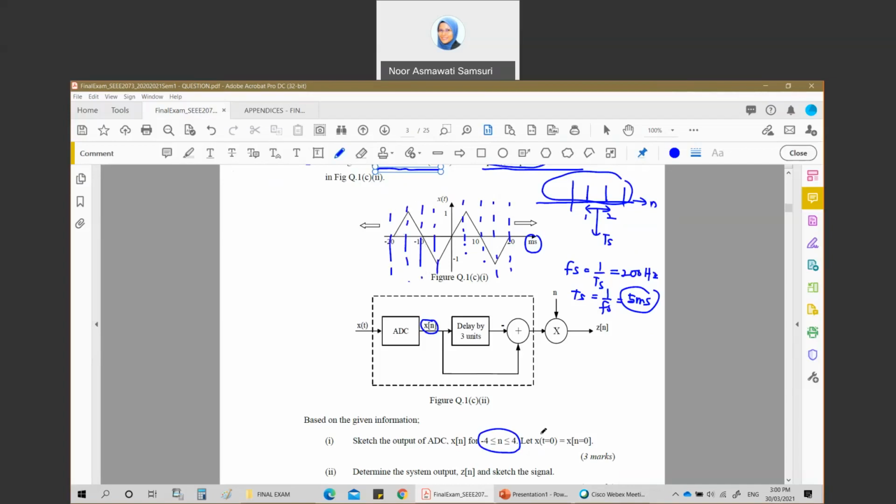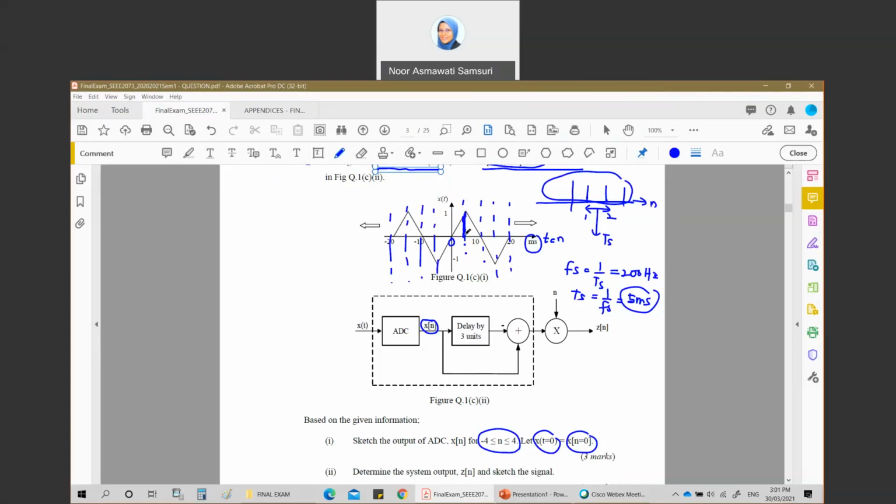Okay, also stated xt at t equal to 0 is equal to xn at n equal to 0. Okay, so in this case, when this is t equal to 0, it's equal to n equal to 0 at this point. So it starts at the same point, right? So the first pulse will be placed at 5 milliseconds. All right, so this is 5 milliseconds. So this is the first pulse.